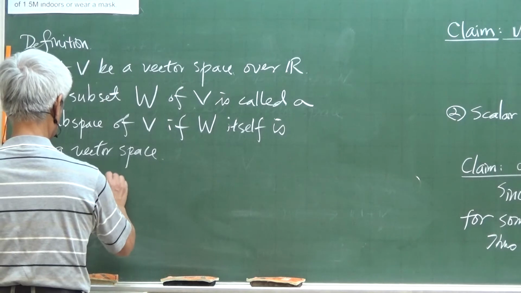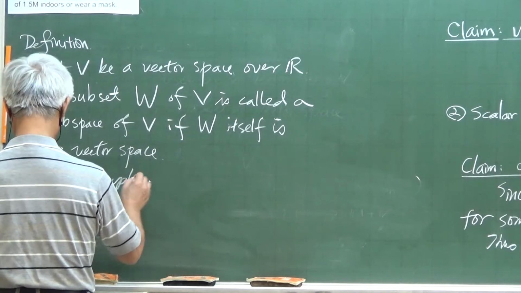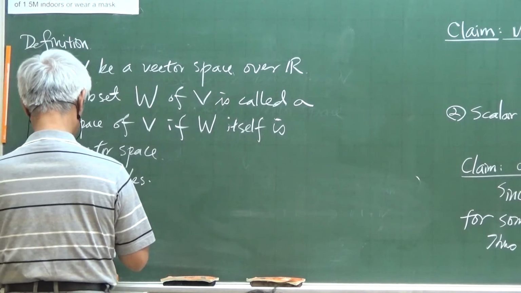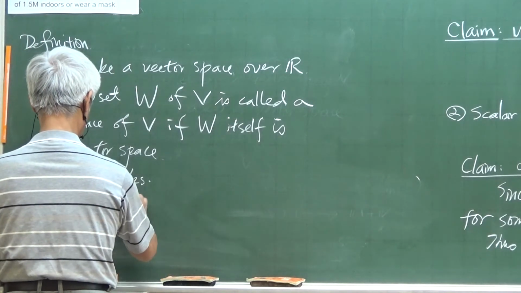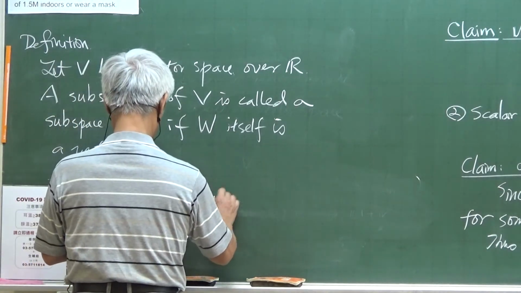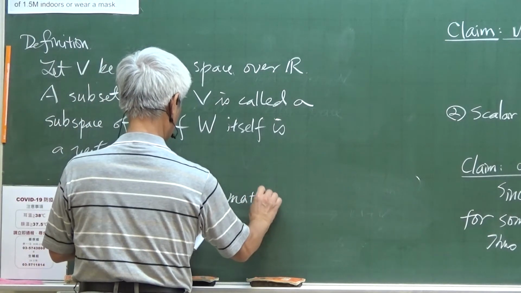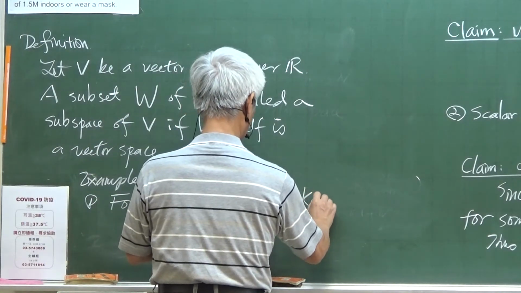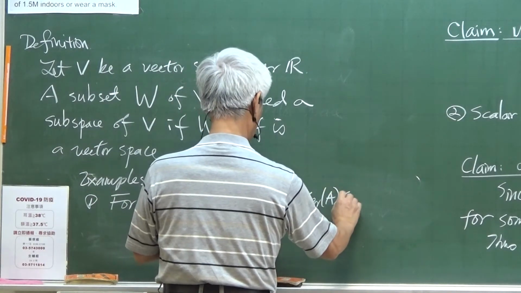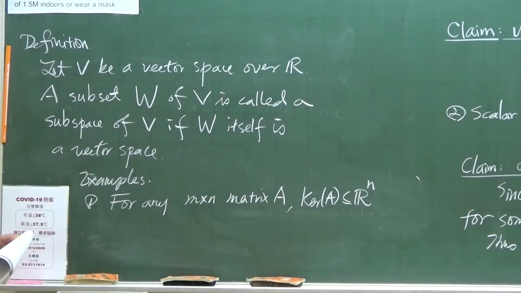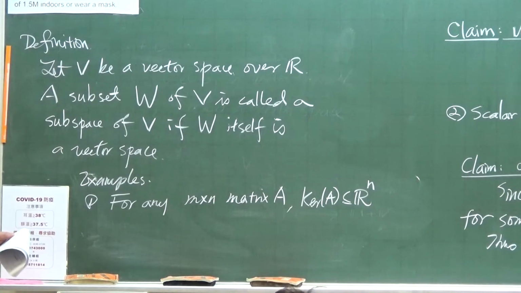Example 1. For any m times n matrix A, the kernel of A is of course contained in the n-dimensional Euclidean space Rn.